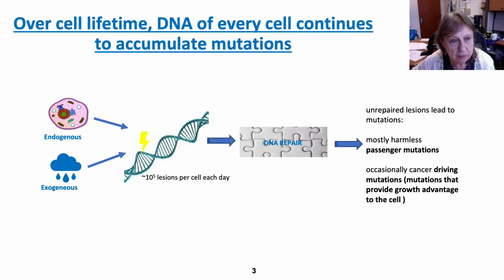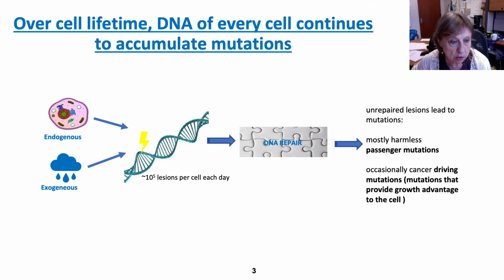Over a cell's lifetime, the DNA of every cell continues to accumulate mutations. Those mutations are caused by endogenous processes, that is, processes within the cell that are stochastic and also imperfect, as well as exogenous factors such as the environment.